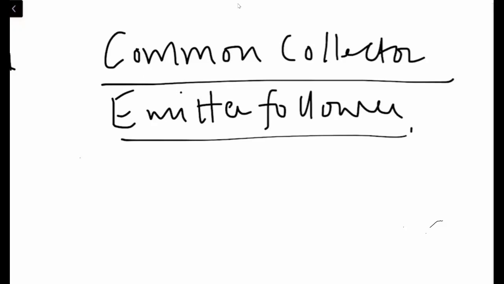The rest is the same thing which we have done in case of common emitter configuration circuit. So it's exactly the same analysis for the emitter follower configuration circuit.